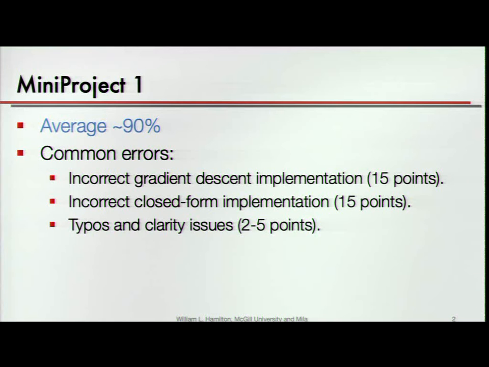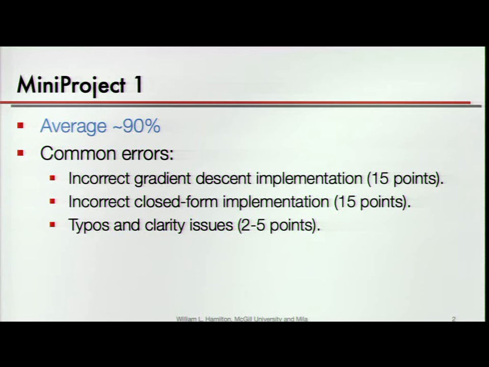But there are a lot more points for writing quality, and this time we were taking off a couple points for typos and for really unclear figures. We're going to focus much more on the quality of the write-up for Mini Project 2 and Mini Project 3, and hopefully give you lots of feedback in time for the longer final project report.